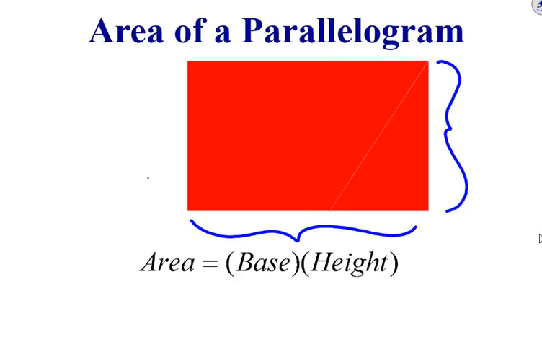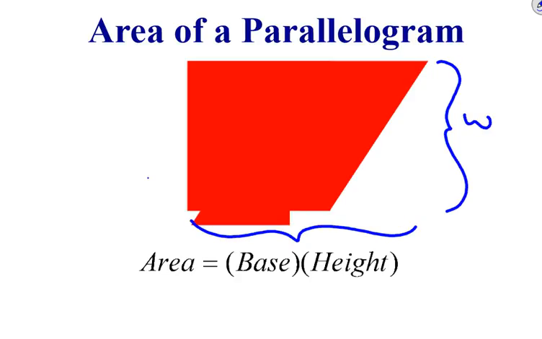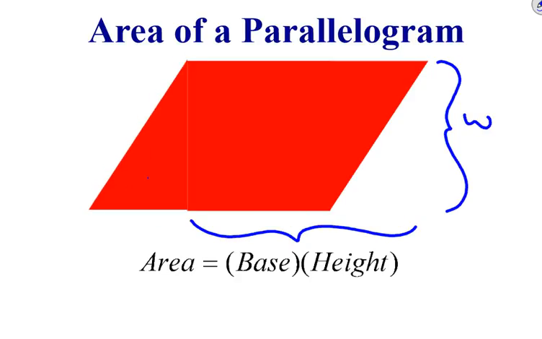Now you can see that the width, as a parallelogram, is equal to the height of the parallelogram. Well, the length is no longer the length, that's why we call it the base, right? So if you know the base and you know the height of the parallelogram, you multiply those together and you have the area. Not very complicated.